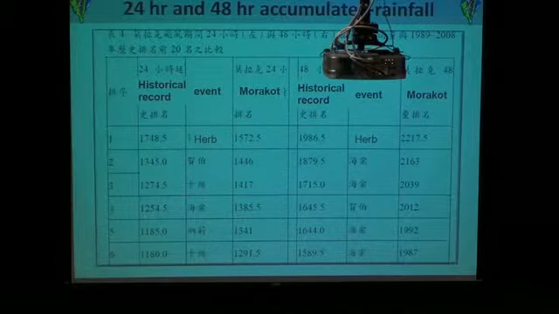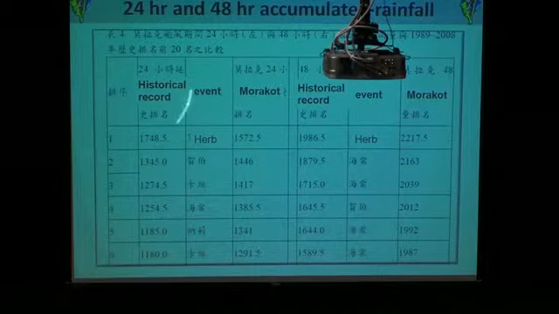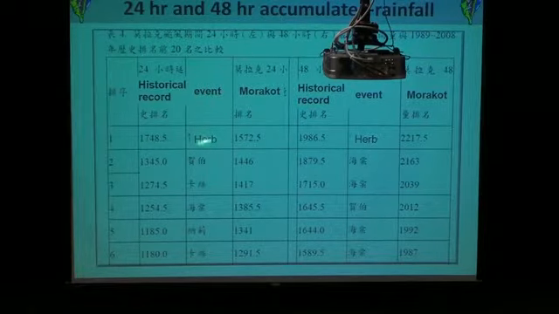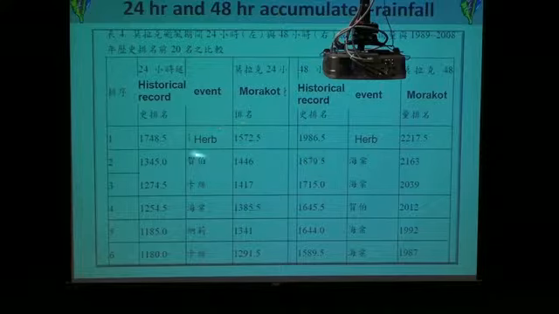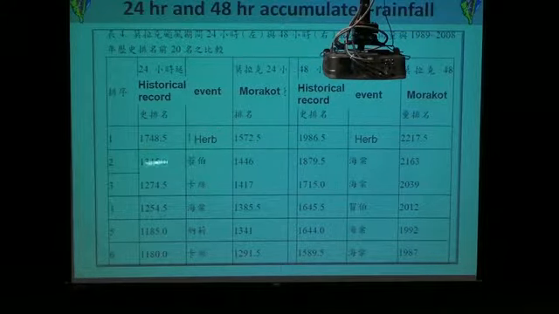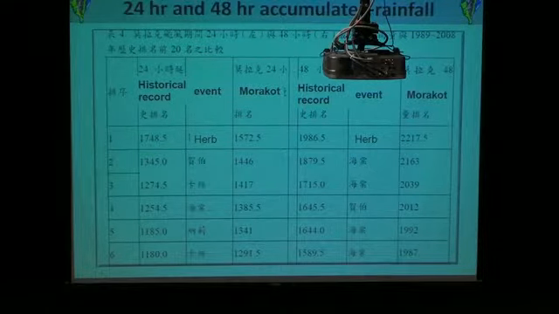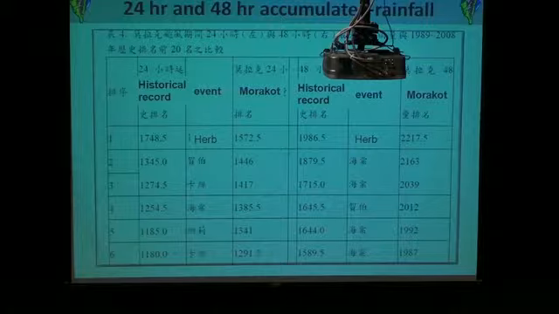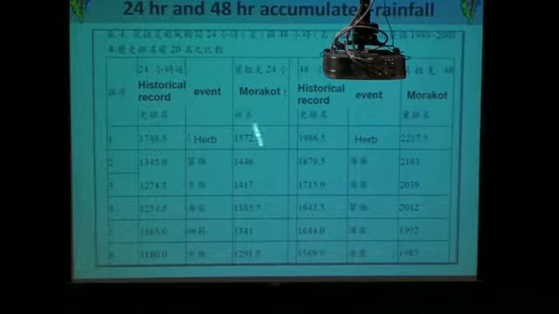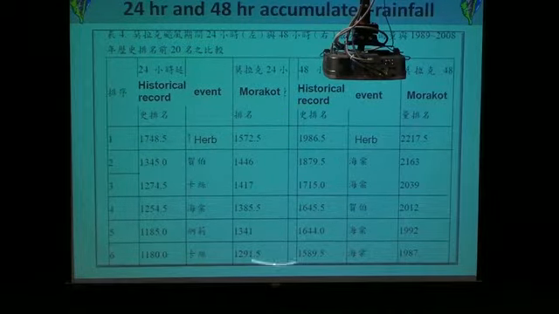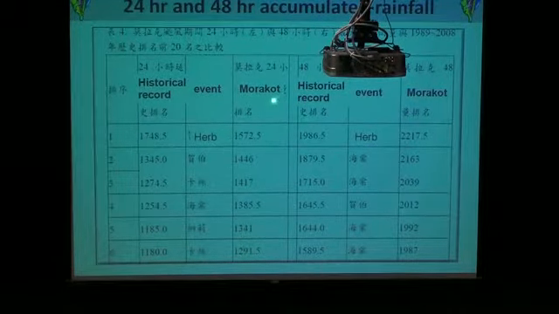Sorry. Let's compare with some other previous events. Here again it's in Chinese, sorry. Here's a historical record for 24-hour accumulated rainfall. The first one still goes to Typhoon Morakot. That 24-hour record is slightly less than 1,750 millimeters, and Morakot was almost 1,600. The first 5 or 6 largest rainfalls were produced by Morakot.